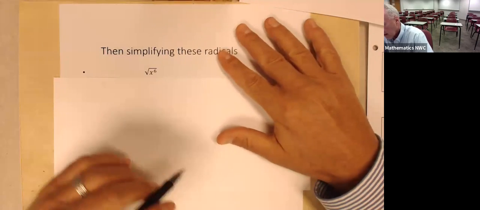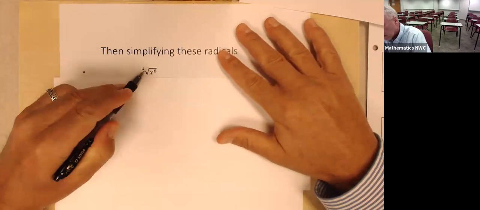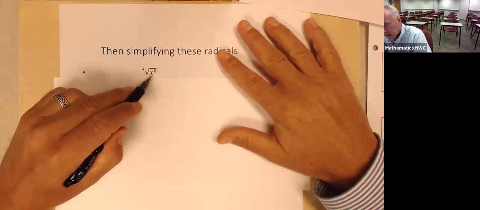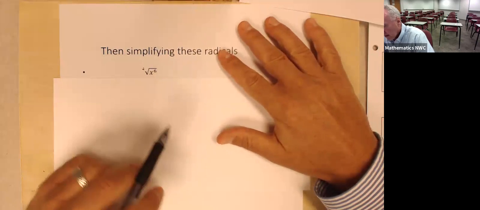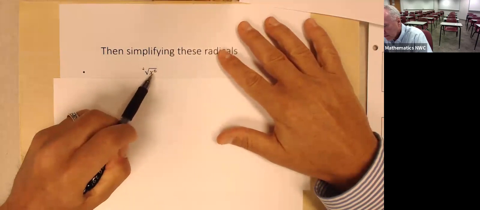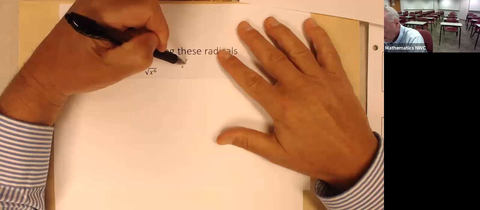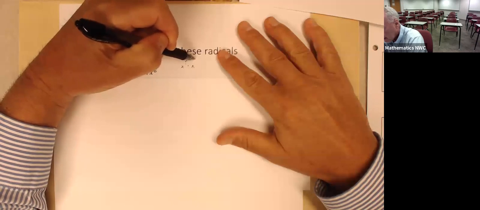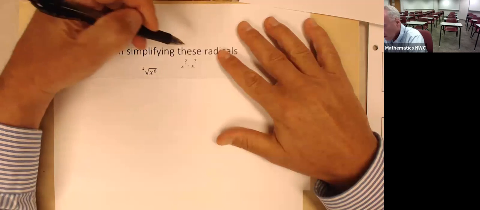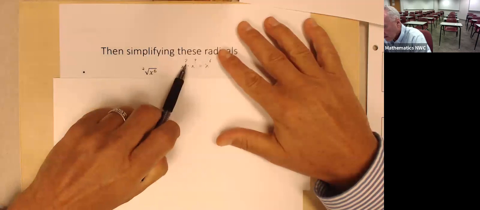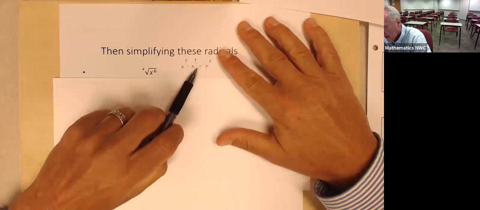This one is an even root. It's a square root. Because the 2 is even, it's an even root. So I'm looking for x to some power times itself, x to what power times the exact same thing would give you x to the 6. These two question marks have to be exactly the same.